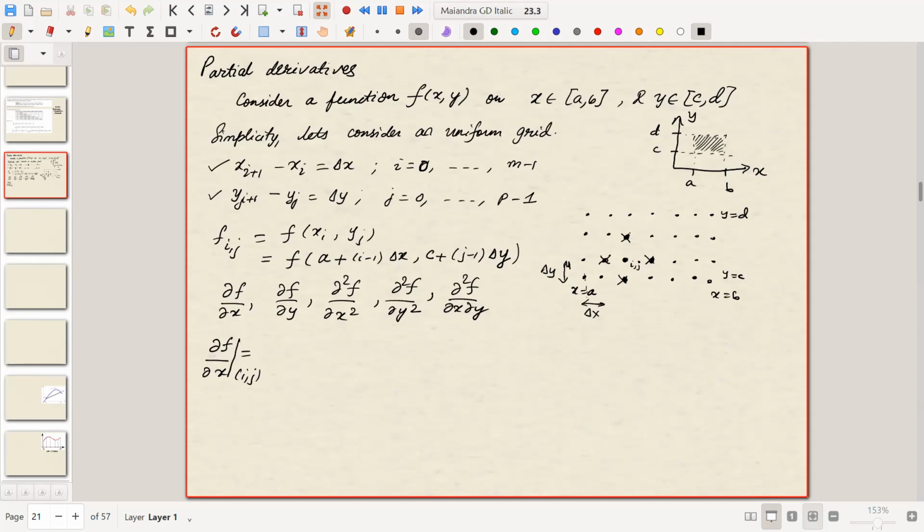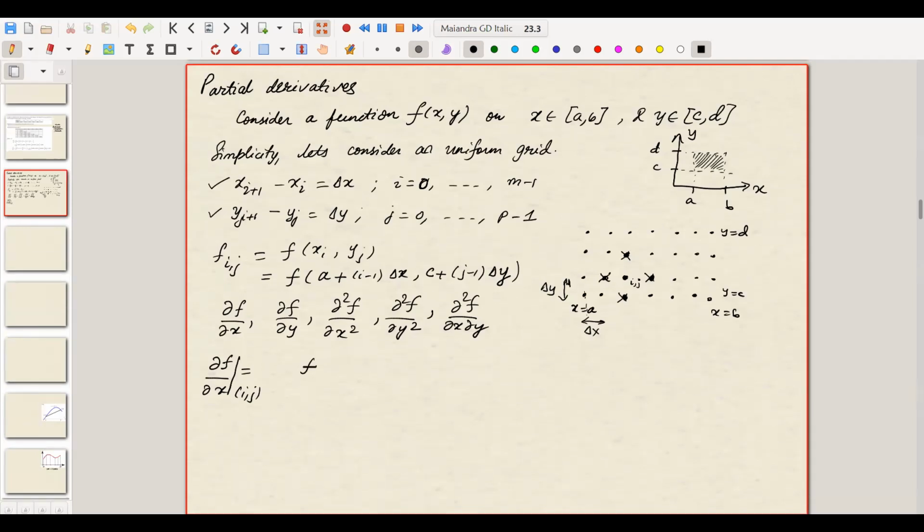So you can see f i plus 1 comma j minus f i j, divided by, should I divide it by delta x or delta y? Yes, delta x, because you are differentiating with respect to x. So you have to consider the step size of the x grid. So then it will be order of delta x. Okay. So this is the forward difference formula.